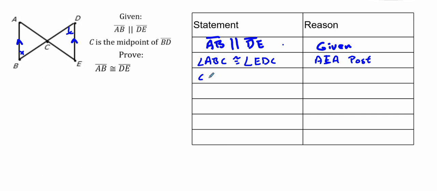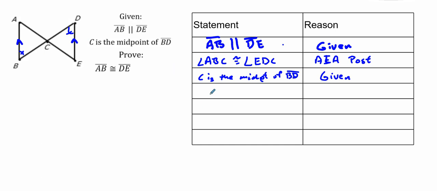Then we're also told that C is the midpoint of BD, given information. But why did they give us that? What did that allow us to say?